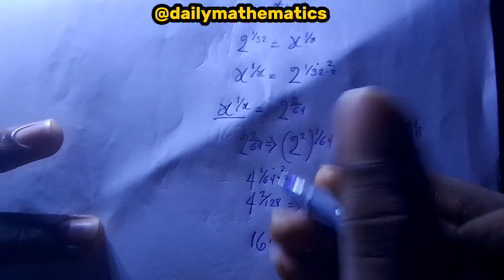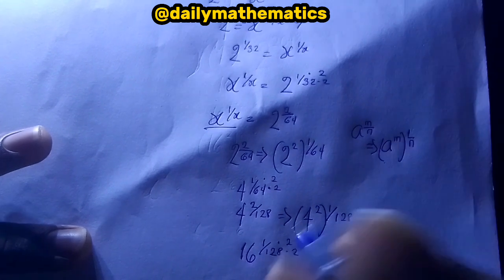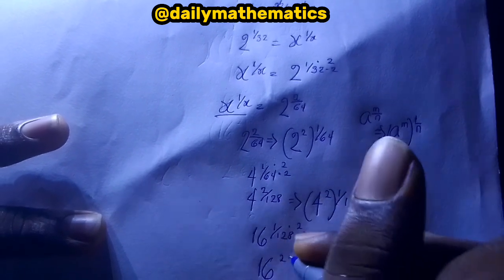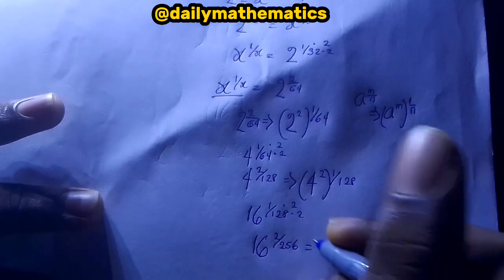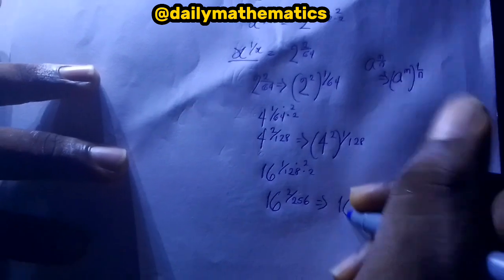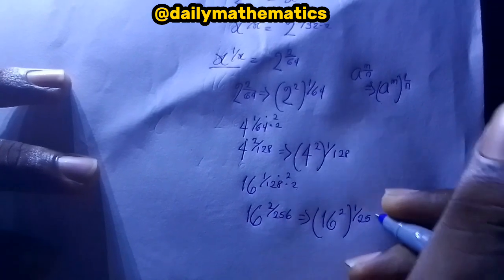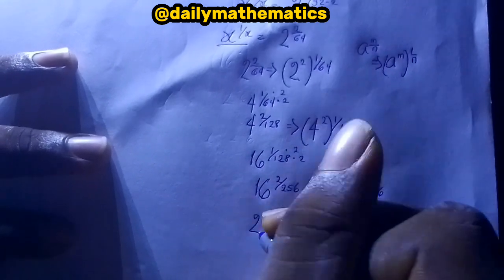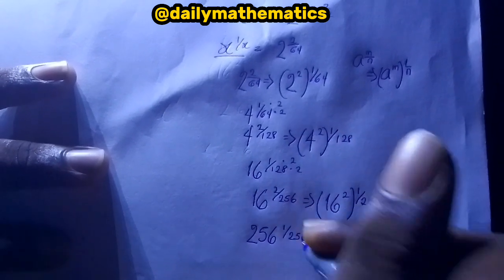If we do the equivalent fraction of this power here, multiplying by 2, we have 16 raised to the power of 2 over 128 times 2, which gives us 256, right? Just like the law we had here, it becomes 16 squared, in brackets, raised to the power of 1 over 256. Now 16 squared gives us 256, raised to the power of 1 over 256, right?